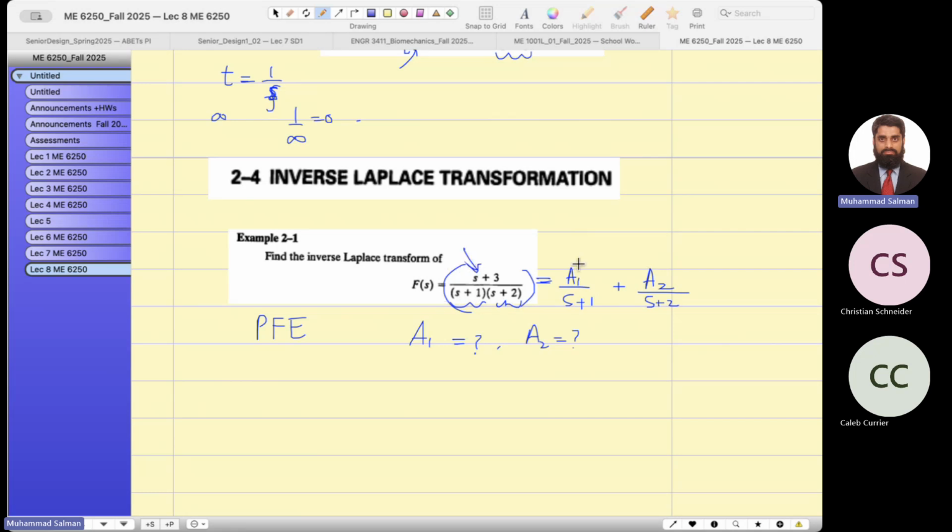This is the left hand side, this is the right hand side. Can I multiply both sides by the denominator of the left hand side? Multiply both sides by s plus 1 and s plus 2.